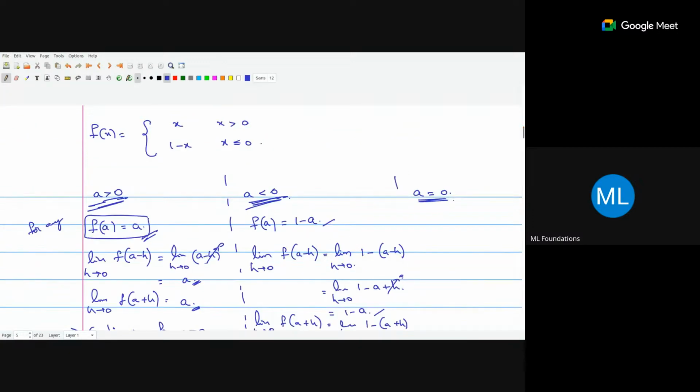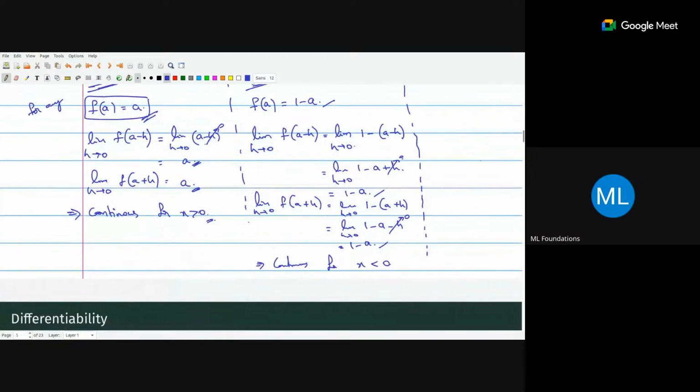Now you have to check, and this checking only.